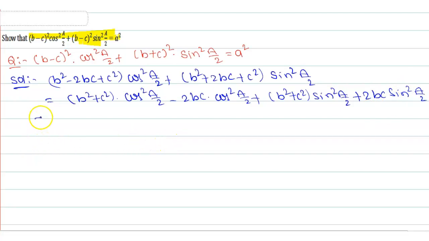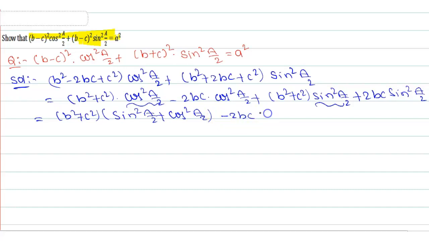So here I can take common (b² + c²). Here one cos²(A/2) is there, and plus with the sin²(A/2), so I am writing it as sin²(A/2) + cos²(A/2). And the remaining terms I can take common −2bc: cos²(A/2) − sin²(A/2). So by the identity I have this value as 1.